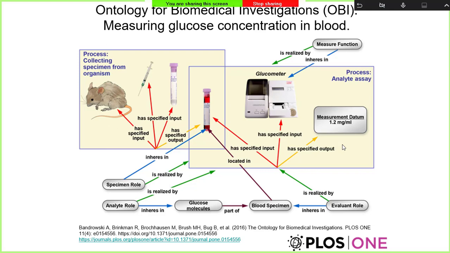And the dual of that then is has specified output. And so this is being used by hundreds of people to describe experimental protocols. And it's an OWL ontology. So the OWL of OBI is extremely mature. And we have already imported some of it for the ontology of functionally graded materials that we created a couple of years back. And we will be importing certain other elements of OBI as we go along.